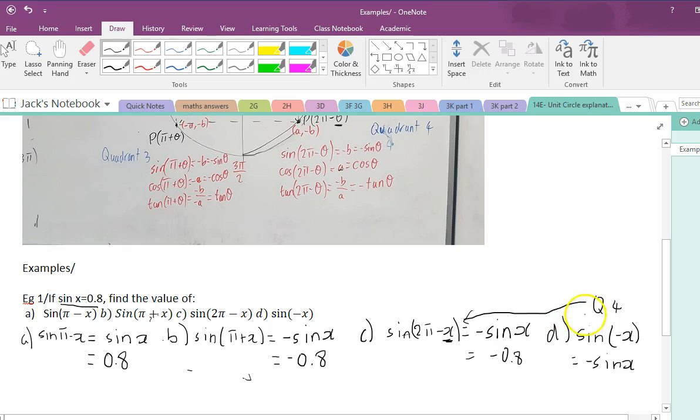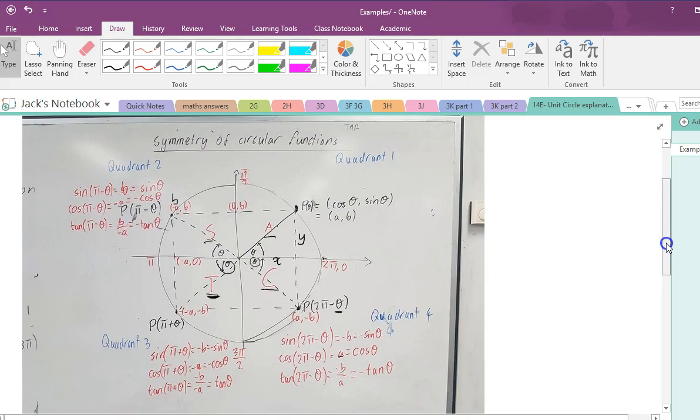Because sine of negative x just means it's going in the clockwise direction. So it's going into quadrant 4, which is negative 0.8. Okay, so you can see how using this unit circle gives you the reference angle and then the angle that you can figure out in referring it back to the first quadrant.